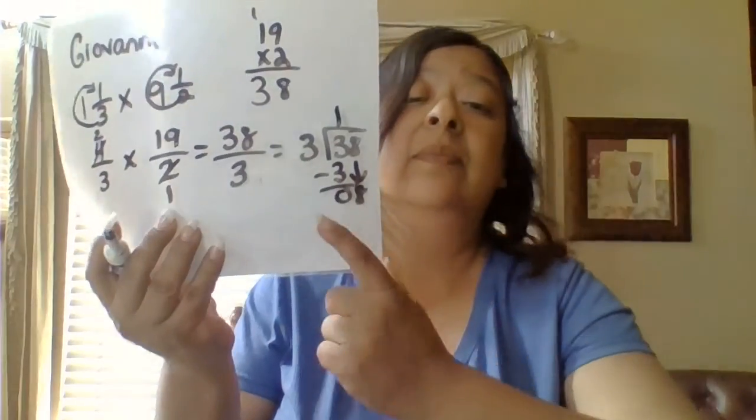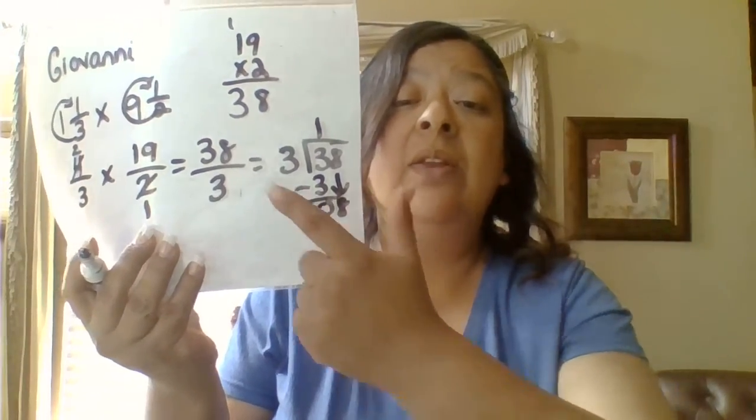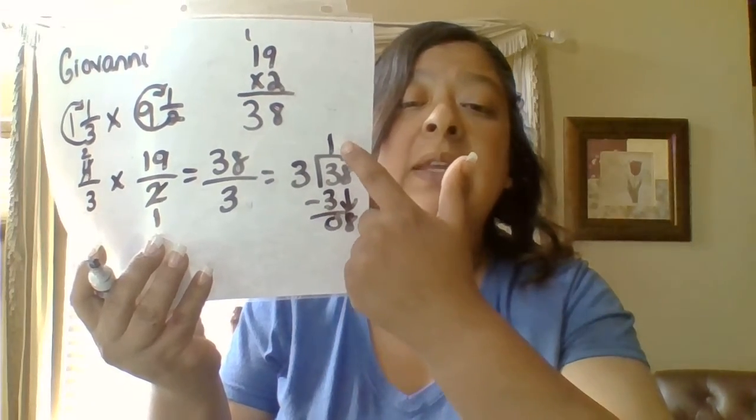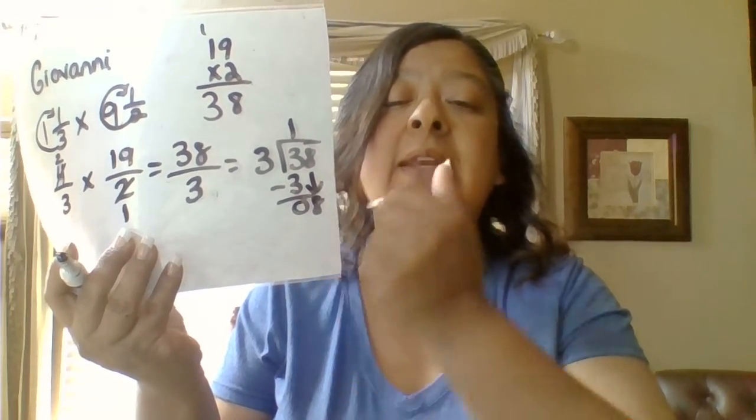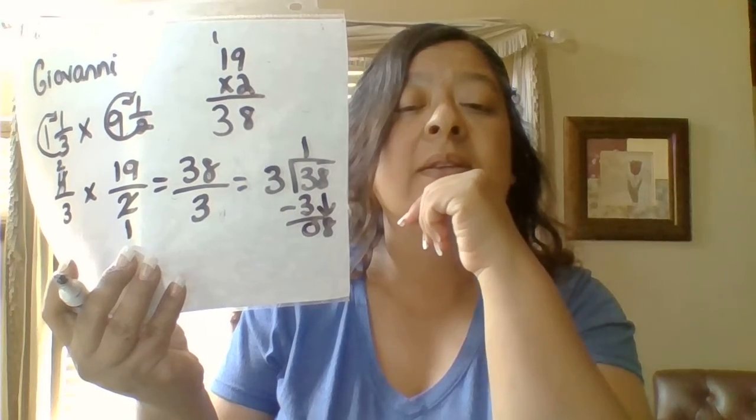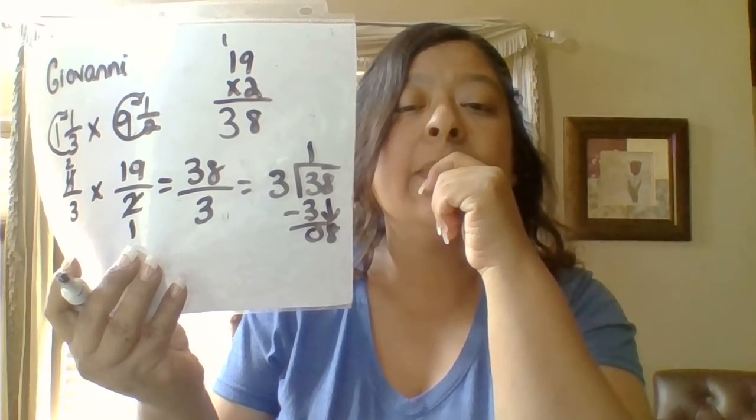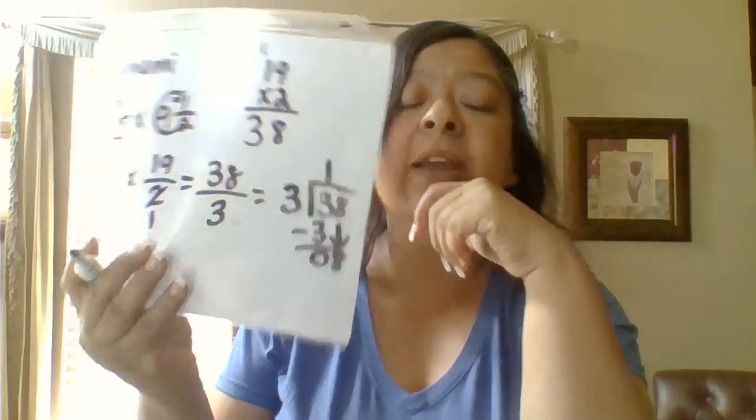And then bring down the 8. 3 times what equals something close to 8? 3 times 2. Very good. So 3 times 2 equals 6. 8 take away 6? 2. All right, so the numerator is going to be 2 and the denominator will be 3.